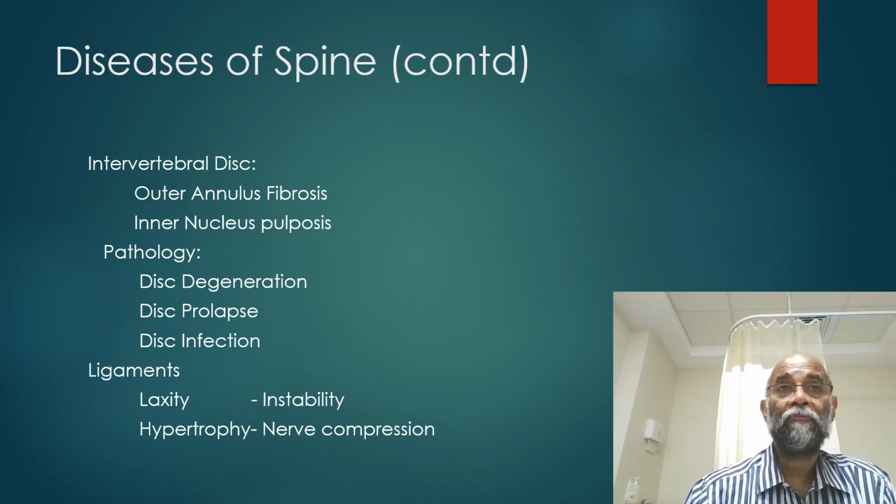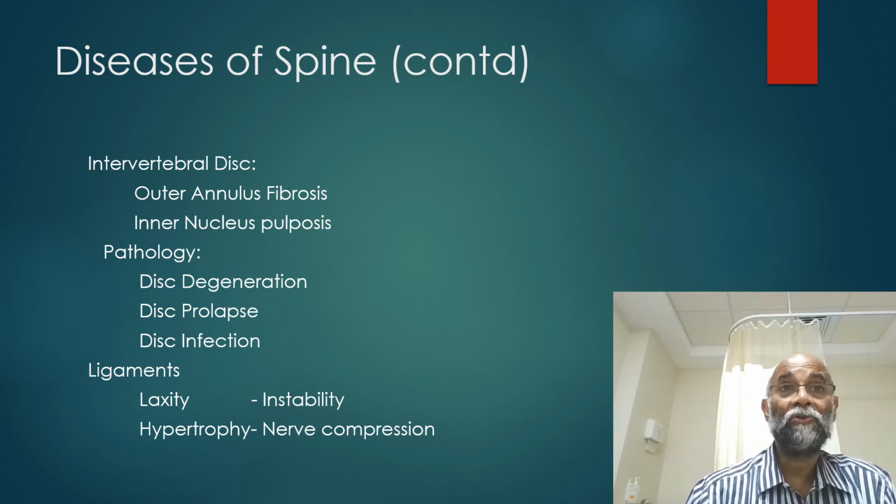Intervertebral discs have an outer firm covering which is called the annulus fibrosus, and an inner soft gel which is called the nucleus pulposus. The discs act as shock absorbers, and they give height to the vertebral column. Pathologies which involve the disc include disc degeneration, which happens normally with age.